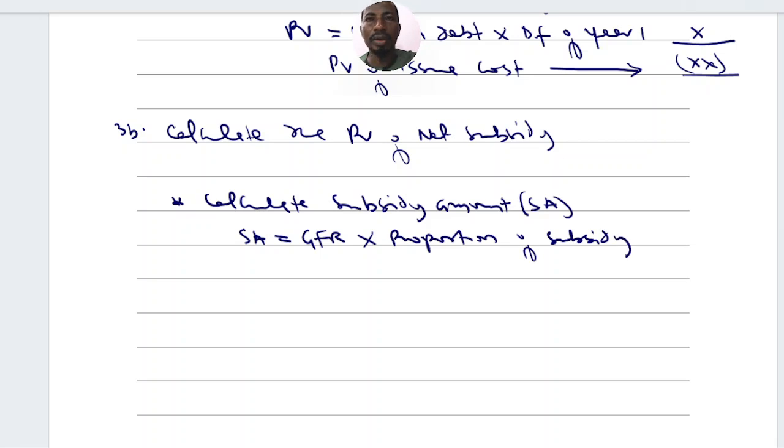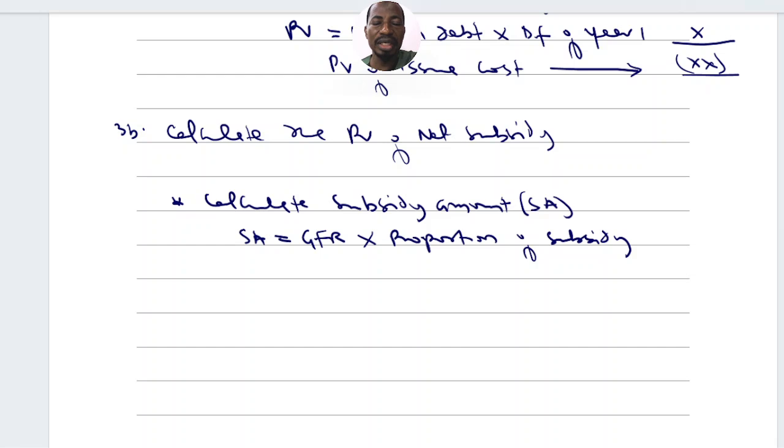Okay, now when a company wants to borrow, the money that the company will receive at the end of the day is the net amount. The initial outlay and the working capital is assumed to be the money that the company will receive, which is the net amount. So the examiner will tell you that out of the gross finance required or the net finance required, you may be told that 30% is for subsidy.